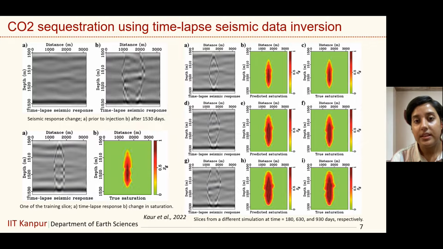So you can see that there is not much deviation between the predicted and the true saturation value of the CO2, and the results are very promising. So this is a very good tool that can be used widely in future by all the researchers working in this CO2 sequestration field.